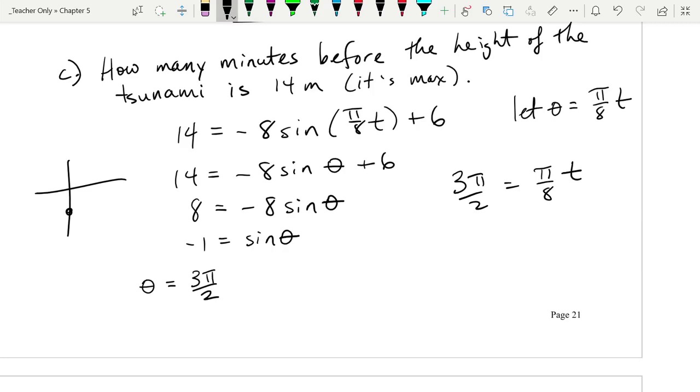I divide both sides of the equation by pi over 8, and dividing by a fraction is timesing by the reciprocal of that fraction. The pi's cancel. 2 goes into 8 4 times, and t is equal to 12 minutes. You have 12 minutes before the maximum of the wave engulfs you on this lovely beach.